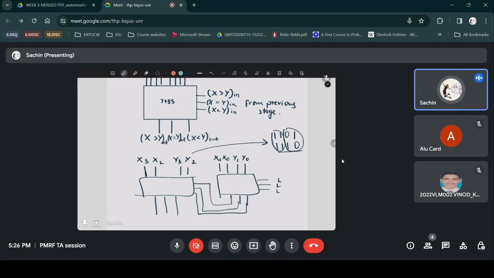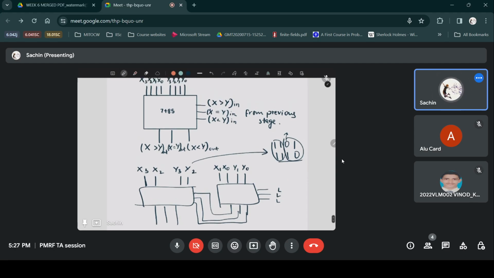The first comparator checks these two. It sees that 01 is less than 10, so it will give x less than y as high. So in this way you can cascade two-bit comparators to get a four-bit comparator.